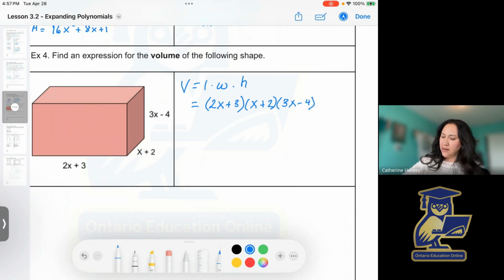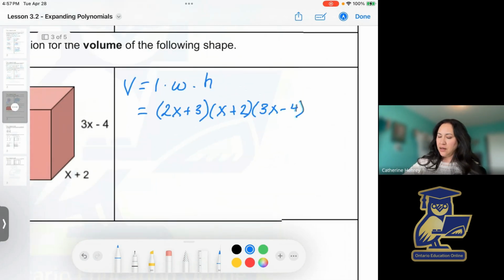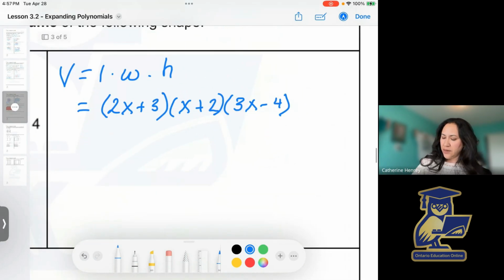So I'll go ahead. I'm just going to zoom in on the numerical aspect of this, and I'm going to do the 2 brackets at the beginning first. So here, there's no special cases, and I might want to map out all of the multiplication that's going to happen. So first and outer and inner and last, and that's just for the first two brackets.